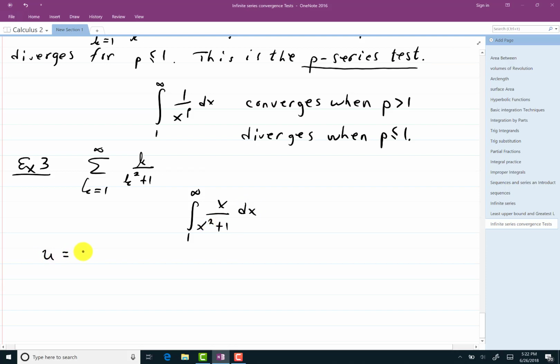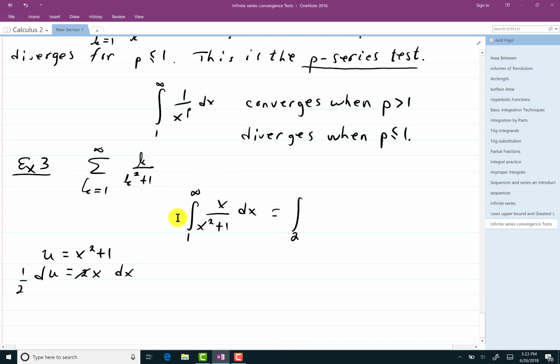U will equal x squared plus 1, and du will equal 2x dx. And of course, I have the x dx part. I'm going to divide by 2, and when I switch to u, when x is equal to 1, u is equal to 2.